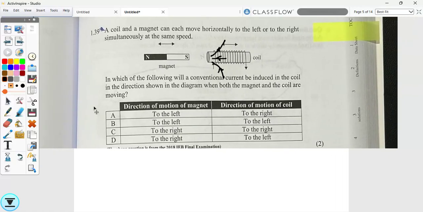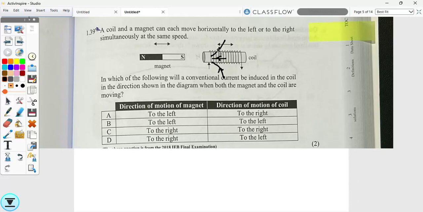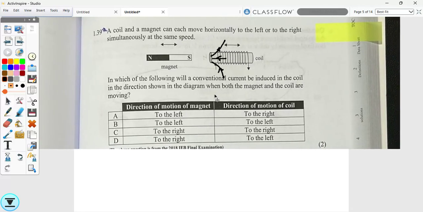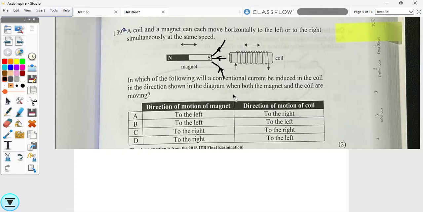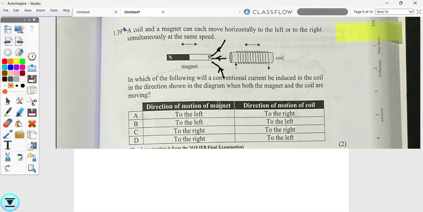Because now, if you're ignoring this magnet and you're saying the magnet is moving towards the coil, now it's experiencing a change in flux, but not when they're moving together as one. So to the left, and to the right are the options that we're going to scratch out.